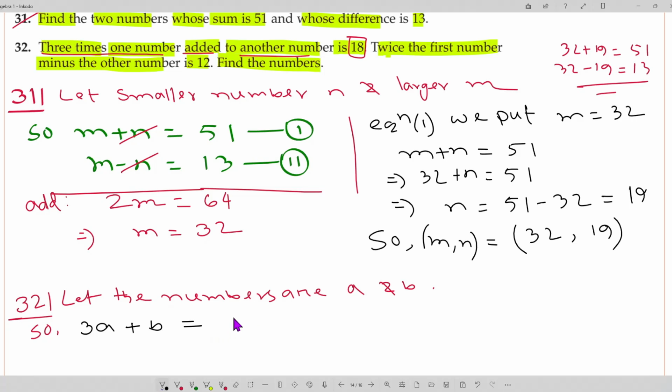The result will be 18. We can make this equation 1. And twice the first number, so 2a, minus the other number, but here it does not mention twice or thrice anything, so only b, equals 12, and this is equation 2.